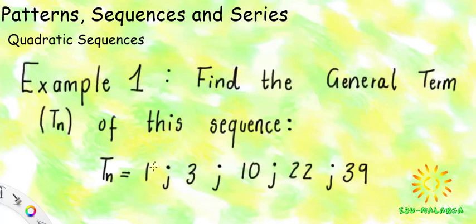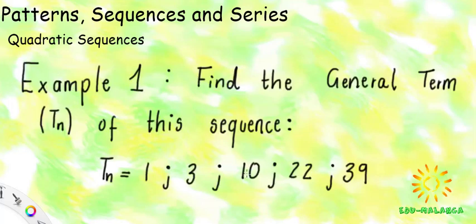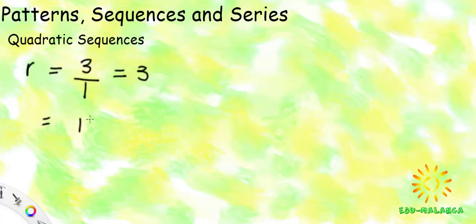That is term 2 divided by term 1. That's equal to the number 3. And then if we look at term 3 divided by term 2, that's equal to 10 divided by 3. That's equal to 3.33, and it keeps on going. That's obviously not a common ratio. So again, you know you don't have a geometric sequence.